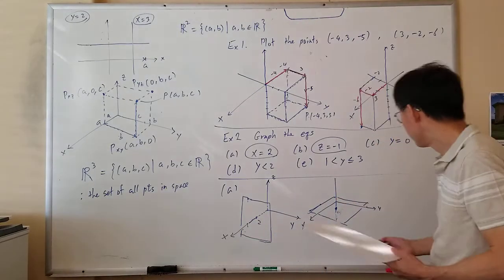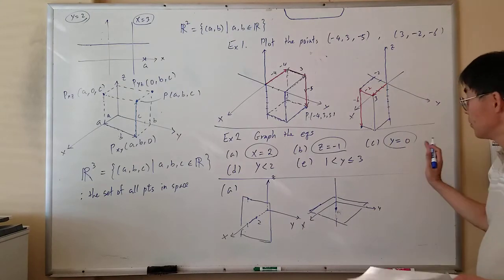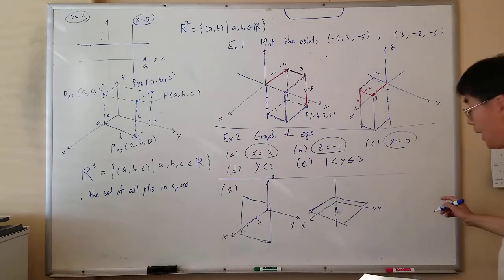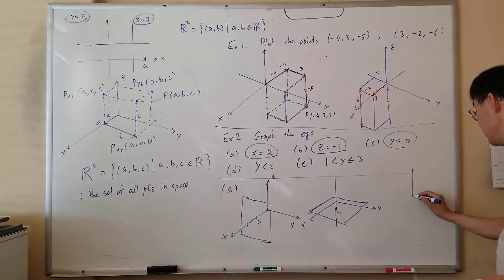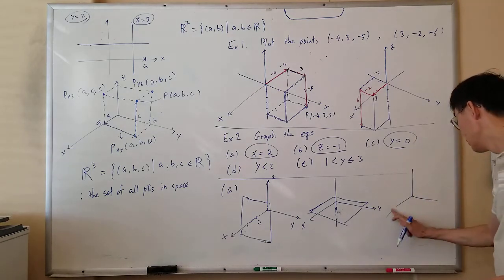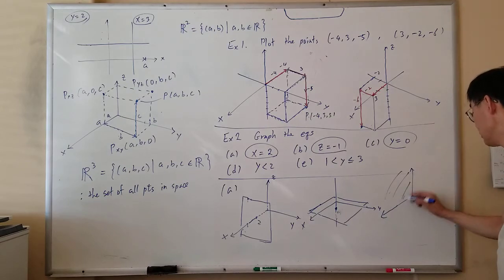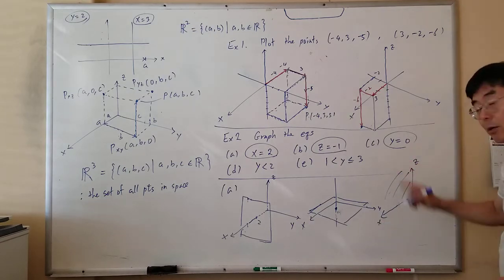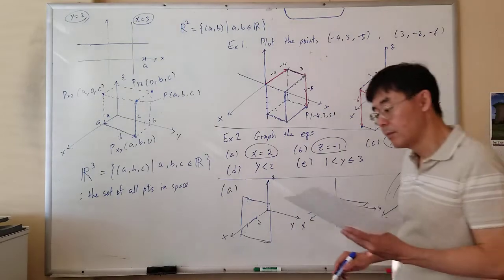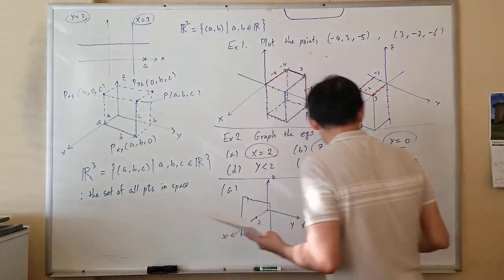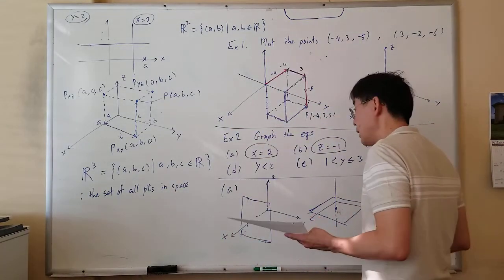All right. y equals 0 means the xz plane. Every point in the xz plane will have y coordinate 0. Okay? The xz plane.